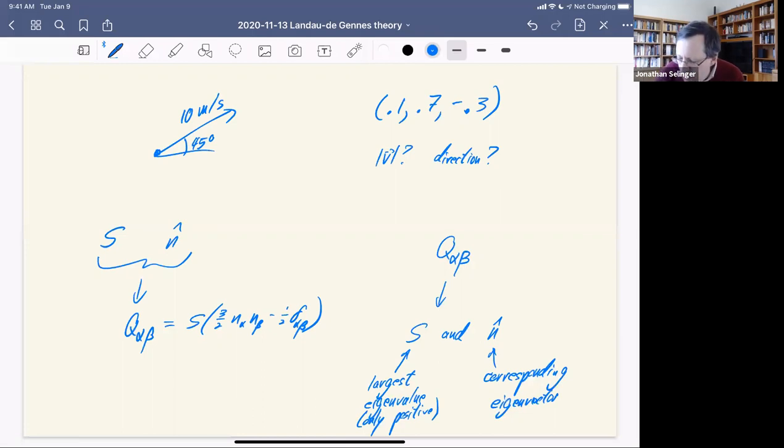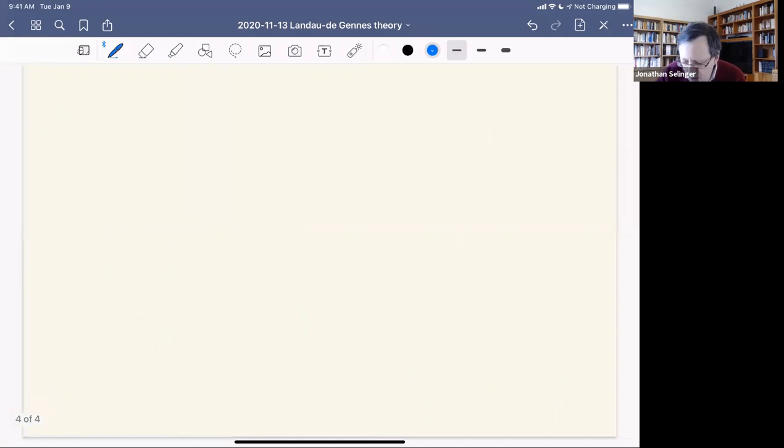I guess the last point that I want to make about the Q tensor in general has to do with counting the degrees of freedom. So let's think about how many degrees of freedom there ought to be.